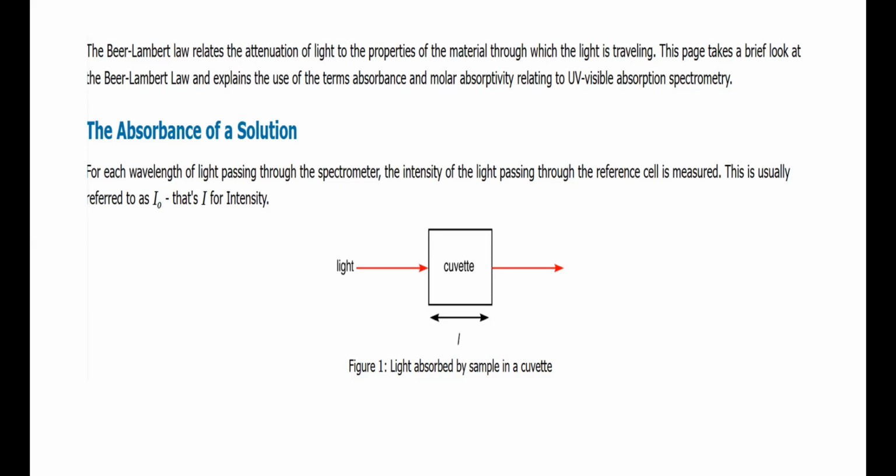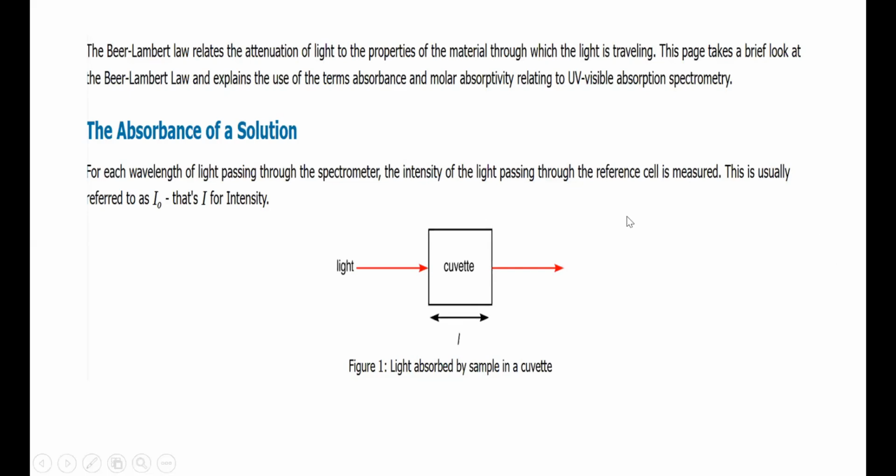So a select range of wavelength band is allowed to fall on and pass through the sample, and the absorbance is noted. That is how you try to find out the concentration of analyte using the basic principle, that is Beer-Lambert's law. So the advanced version of colorimeter is spectrophotometer.